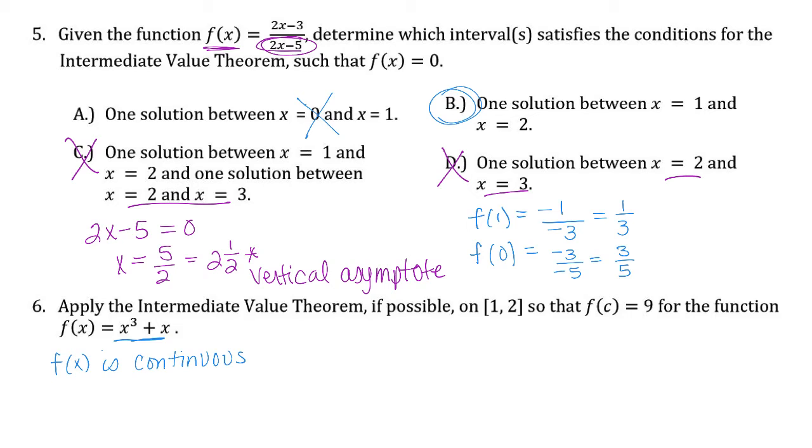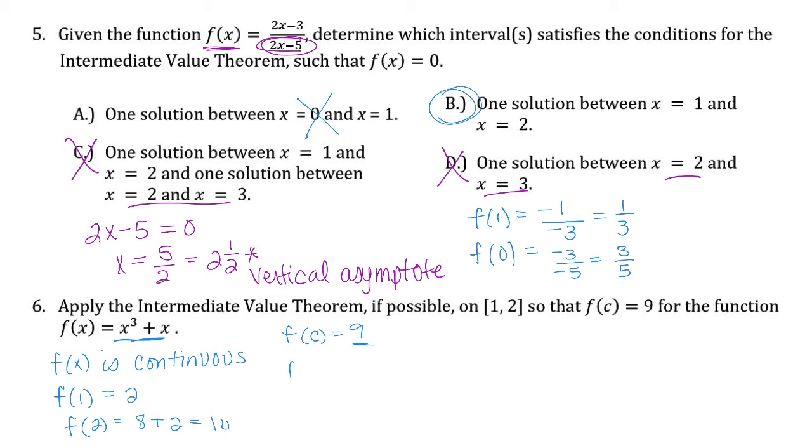Okay, now the next thing, we need to check the value for f at 1. Well, f at 1 looks like that's going to generate a 2. And then f at 2, that's going to be 8 plus 2, which is 10. Okay, so notice that we're looking for whether or not f at c equals 9 is a possibility, and it is.